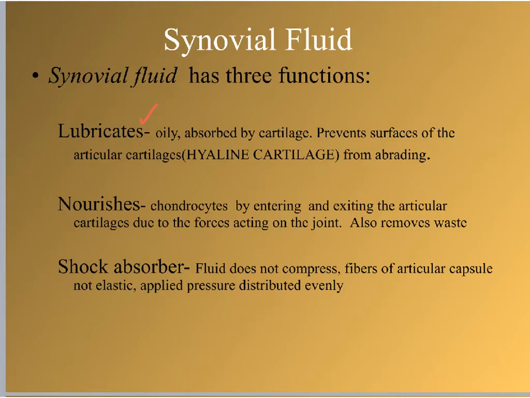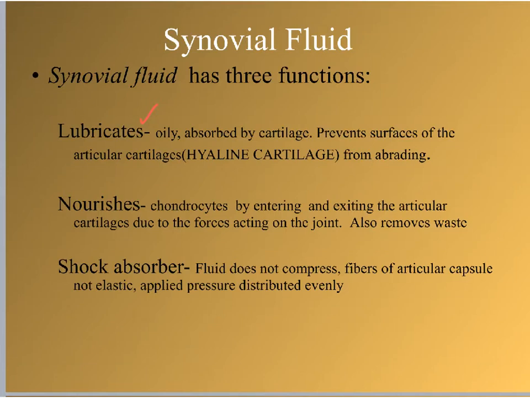And then as pressure is released from the joint, it's like taking that sponge and you put it underneath the water and release the pressure. And what happens? New water flows into that sponge. Same thing happens with this hyaline cartilage. As pressure is released, new synovial fluid gets taken up into the hyaline cartilage with oxygen and nutrients.